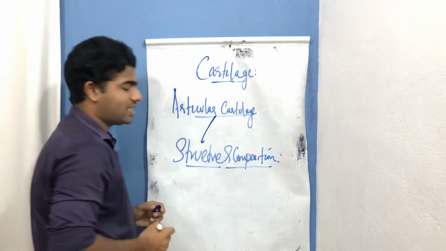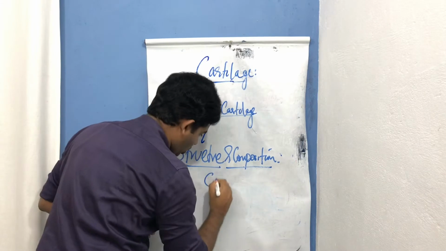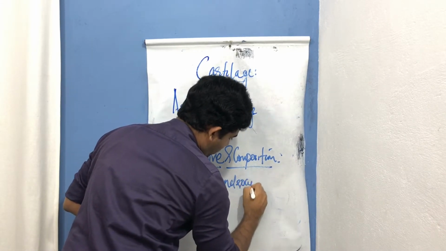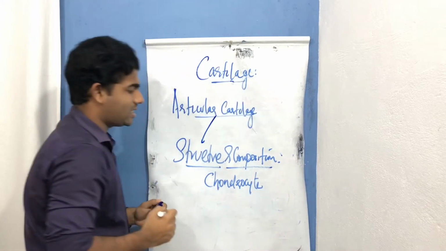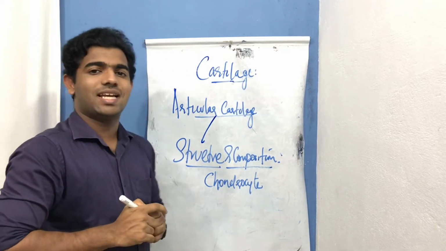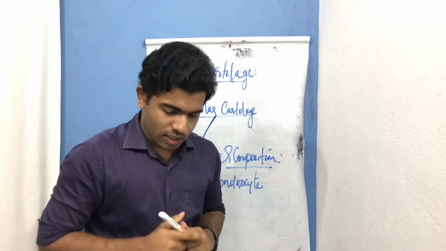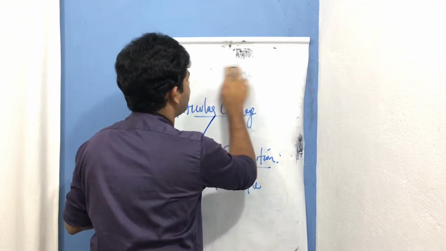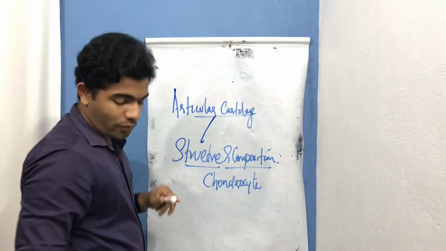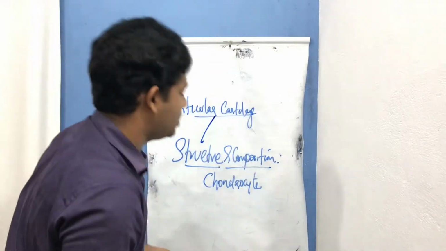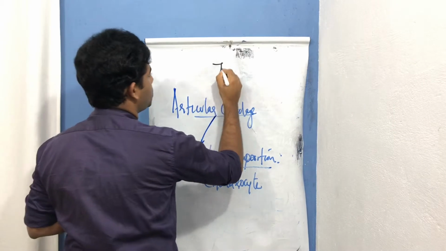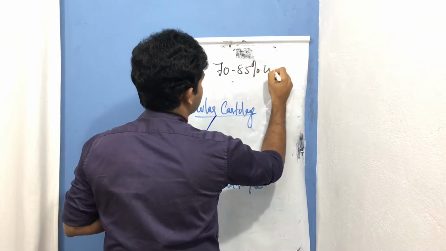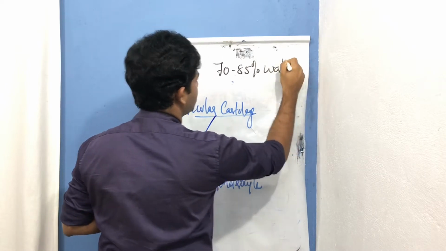The basic cells that make up the cartilage are known as chondrocytes. So chondrocytes are the chief cells that make up the cartilage. Now if we evaluate further, we see that the human articular cartilage, often known as the hyaline cartilage, is made up of 70 to 85% water.